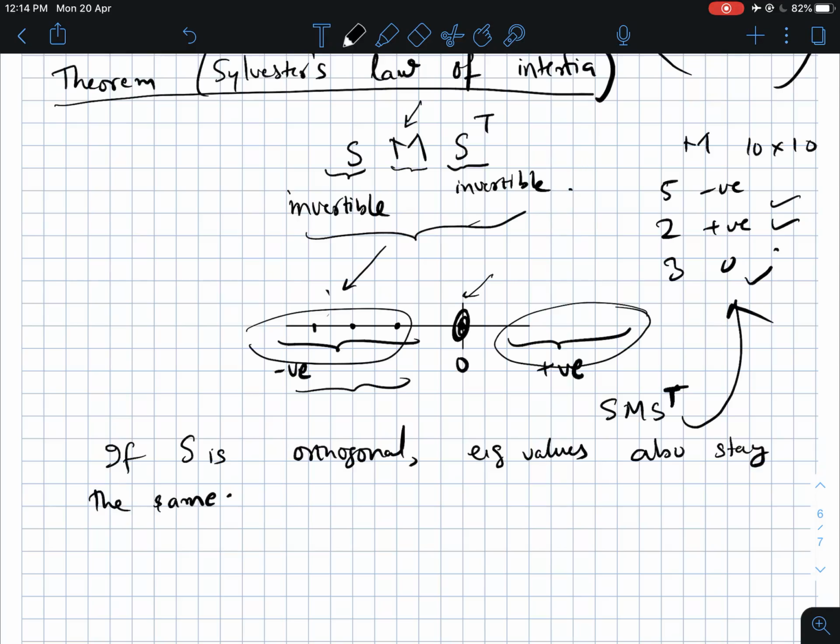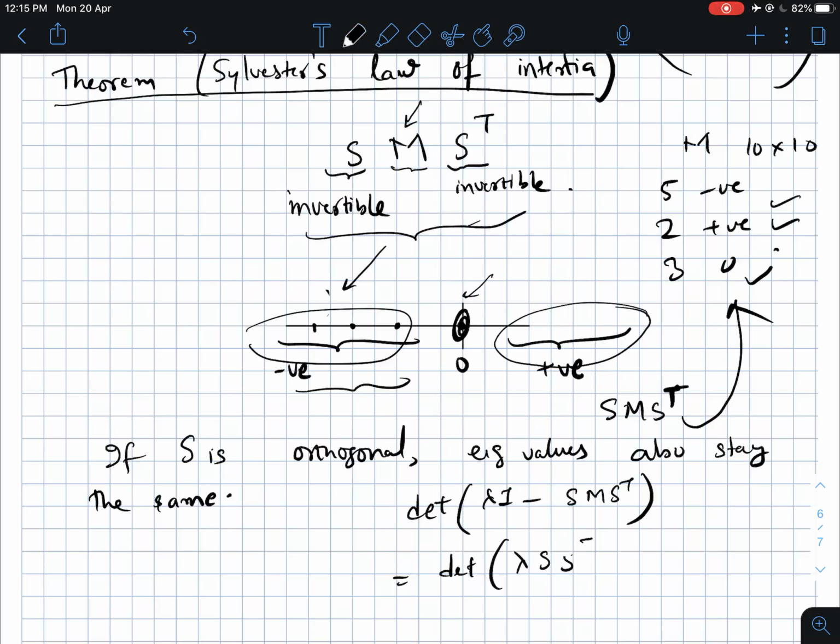Why is that? I think most of you might know this. You can easily look at this by constructing the characteristic polynomial. You have det of lambda I minus A, the characteristic polynomial where A is the matrix. Here this matrix is S M S transpose. Just by a bit of trickery, you can write your identity as S S transpose. So lambda S S transpose minus S M S transpose, and by taking S and S transpose common, you get determinant of S times determinant of lambda I minus M times determinant of S transpose.